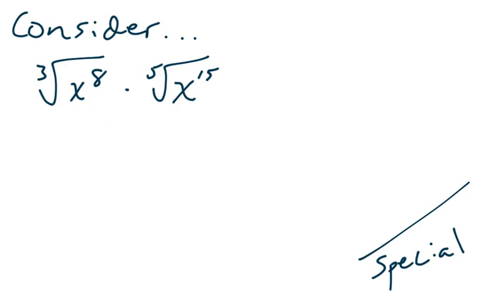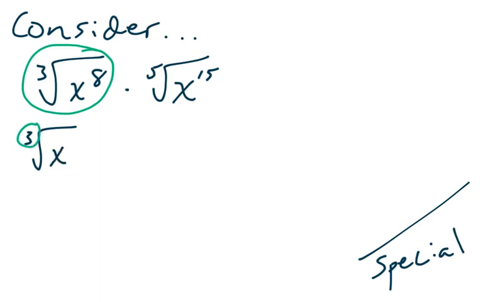But what you can do is observe that there's some math that can be done as is. In other words, this cube root of x to the 8, I can do that. I can take out some of that x. Now, you want to always think about the largest amount of x inside of 8 that can divide by, in this case, by this 3. And the largest amount of x would be x to the 6.